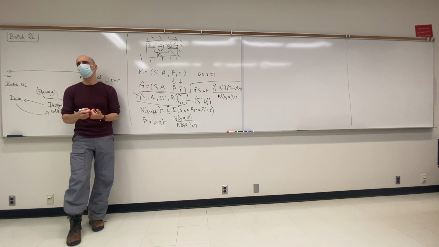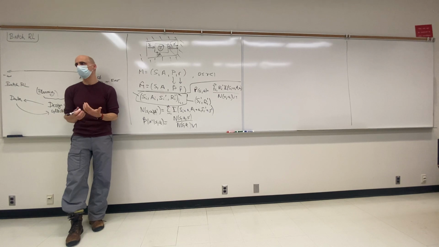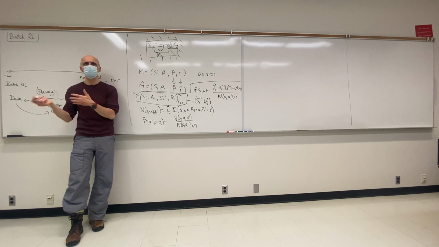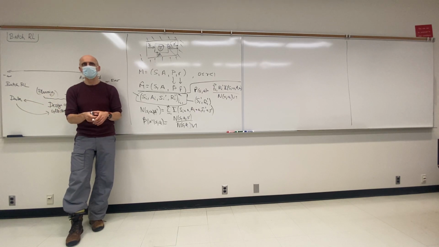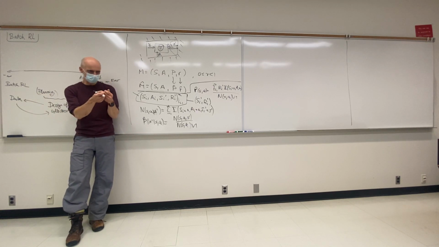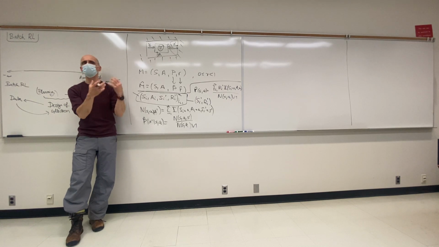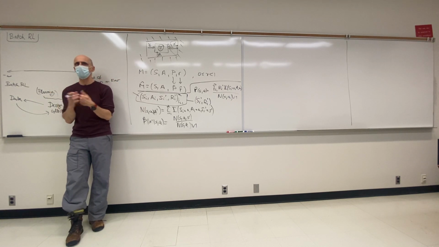And that is going to be because we have the Markov property. The Markov property allows us to forget about what happened in the past. If you know where you are, the next state's distribution and the reward distribution is completely determined by the current state and action. That was the Markov property.